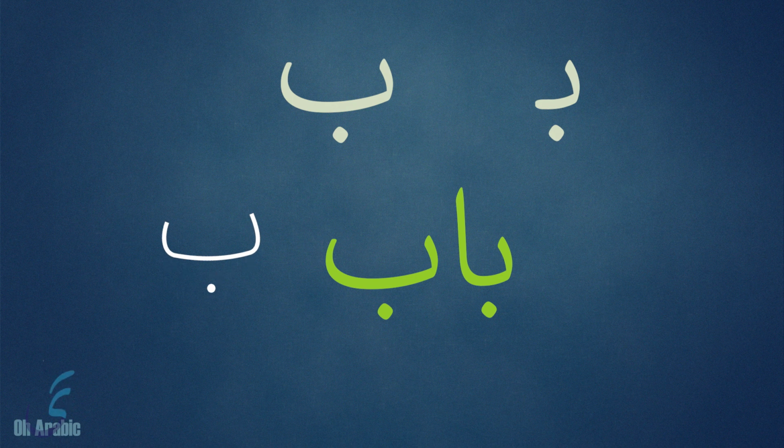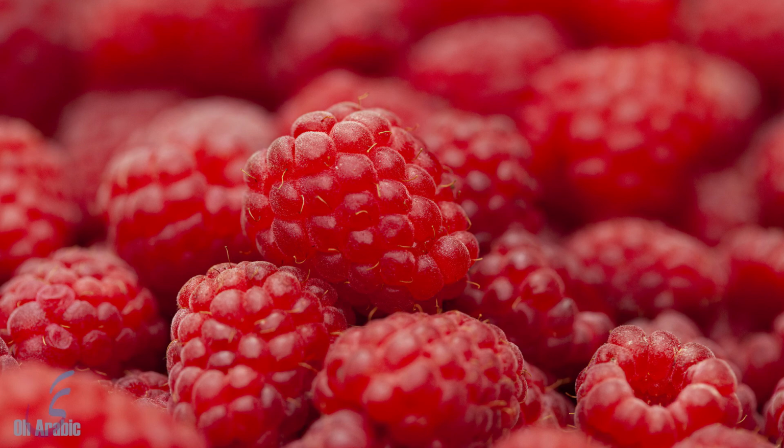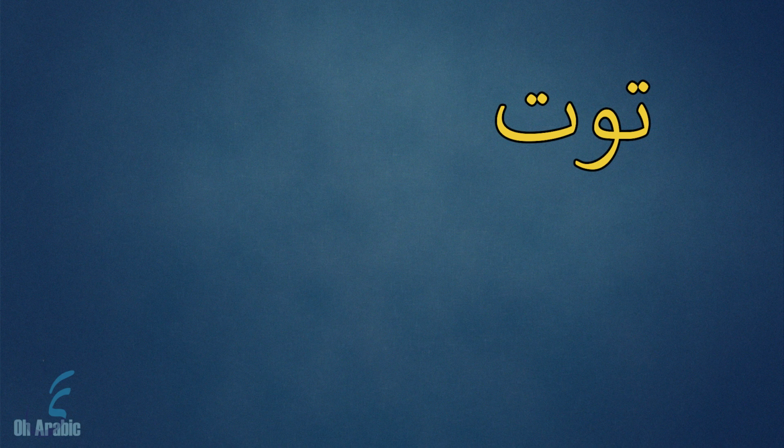As you notice, this trick is used for memorizing the shapes of the similar letters. Of course, we can apply the same to the 2 letters, ta and tha. Look at that raspberry. It is delicious, right? It is toot. The word toot has 2 letters ta, one in the first place and the other in the last. Another word we need for the letter tha in the last place is furniture.